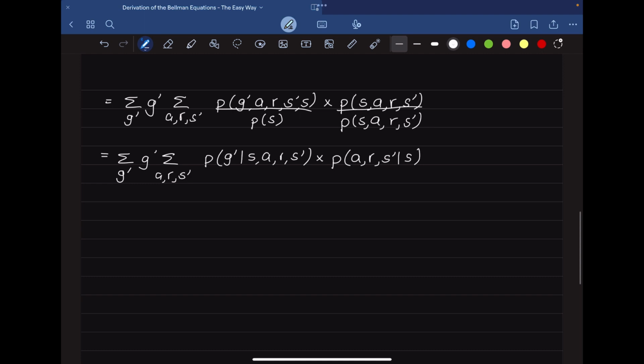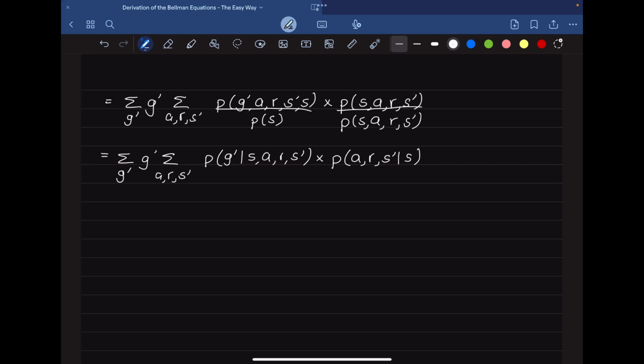Okay. Now if you see this particular term, we again have the same Markov property going on over here. If I know this particular state s prime, then I don't need the information about my previous state, my previous action, and the reward I received in the t plus 1th time step, because this G prime only concerns itself with the rewards obtained from time step t plus 2 onwards, right?